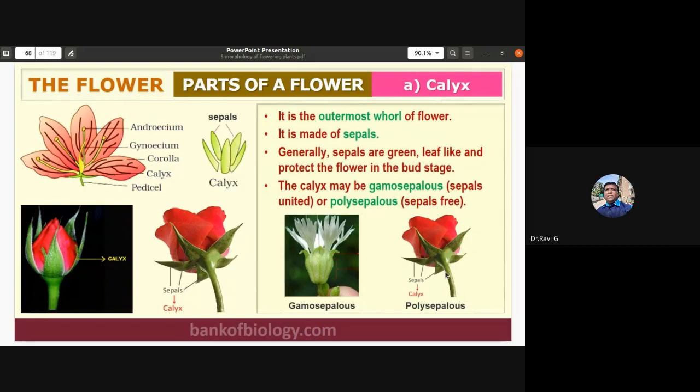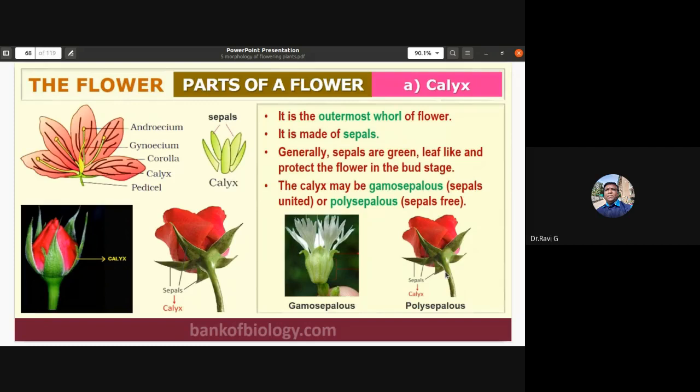What are those? They show dispersal of the fruits by these hairy sepals. They give this parachute mechanism to them. So the hairy sepals are present in dandelion and sunflower. You just have to see the sepals. They don't look leaf-like, rather they are hairy. So these hairy sepals, we call pappus.